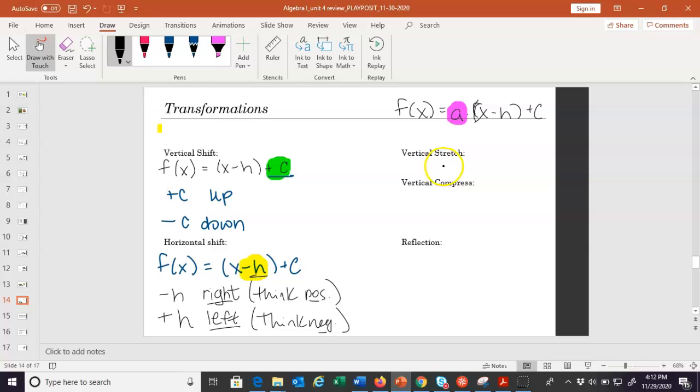We're going to have a vertical stretch if the absolute value of A is bigger than 1, and we'll see some examples, like 1, 2, 7, 12. And we're going to have a vertical compression, or it's going to be compressed vertically, if A is a fraction, so if A is between 0 and 1.